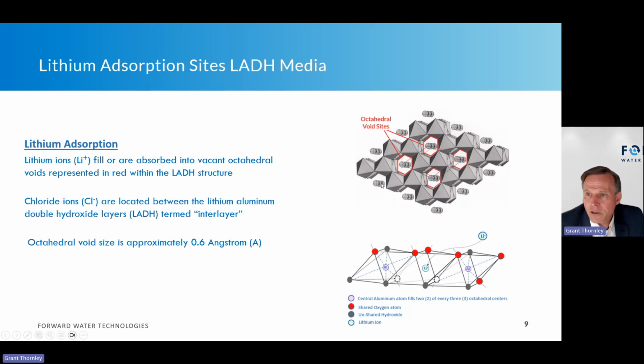The other component is we know what this structure is, and we also know through magnetic resonance and electron scanning that this is about a 0.6 angstrom, really, really small. This is on the atomic scale. This is a small void area. And why is that important?